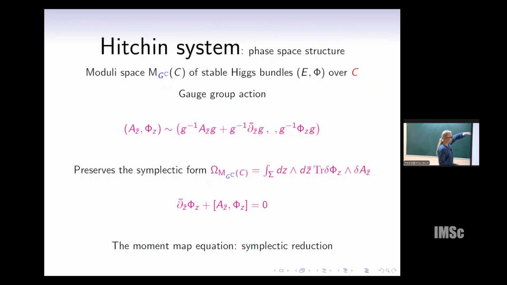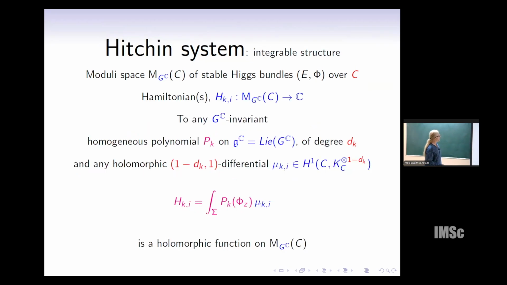Holomorphic in the sense that phi and A_z-bar are all complex, and I'm not looking at the complex conjugates. Remarkably, as in the previous case, even though we started with an infinite dimensional space of gauge fields and these twisted scalars, performing the reduction with respect to the gauge group gives you something finite dimensional. And this now intricately depends on the topology of C, and also on the complex structure.